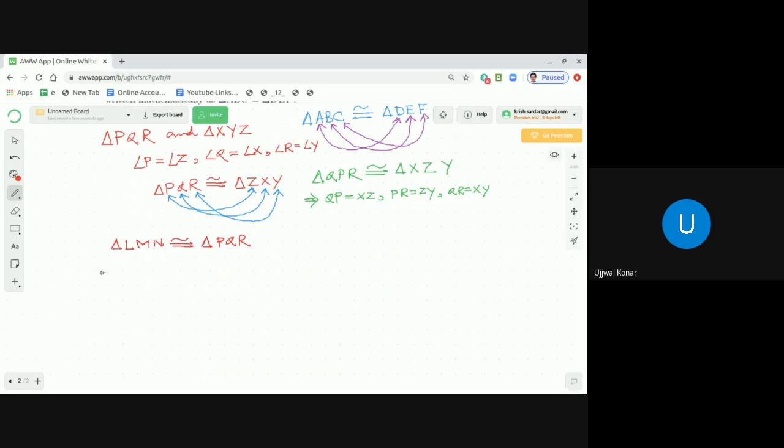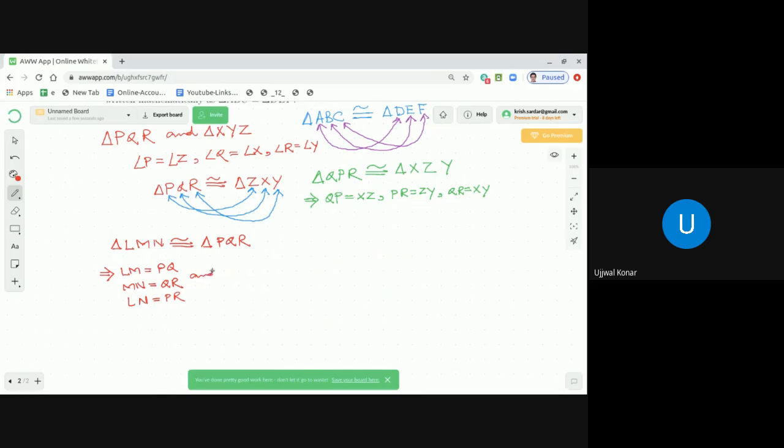This implies LM is equal to PQ, then MN is equal to QR, and LN is equal to PR.